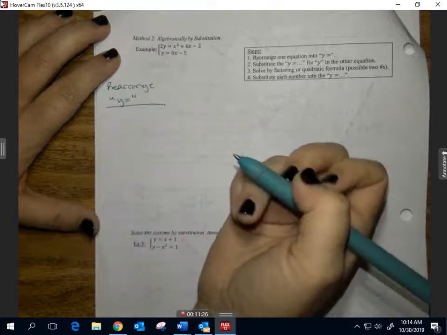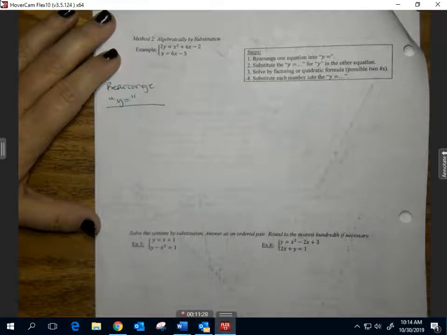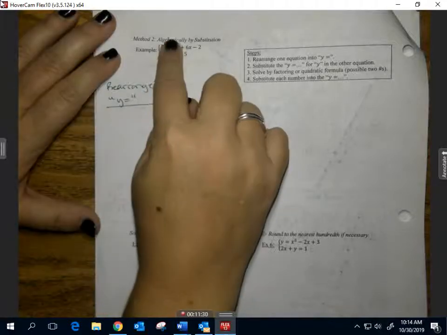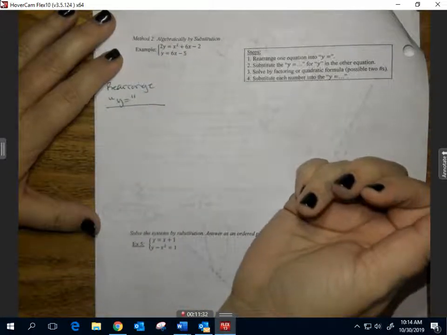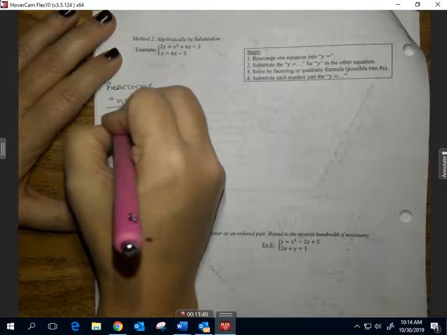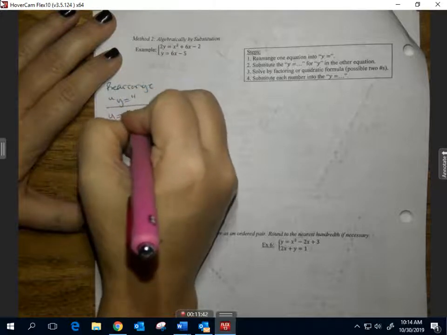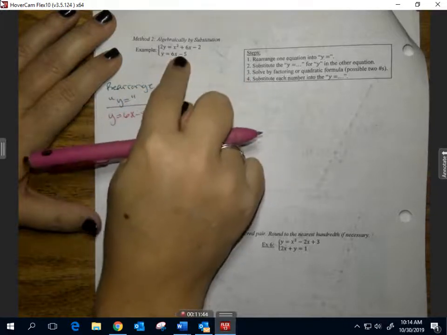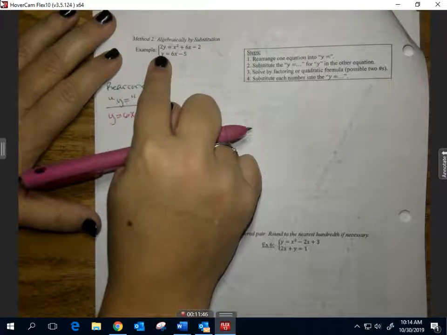Now, a lot of the times this could be done for us already. Is this done for us if you look at these 2 equations? The linear one is y equals 6x minus 5. So the second equation already has y by itself.